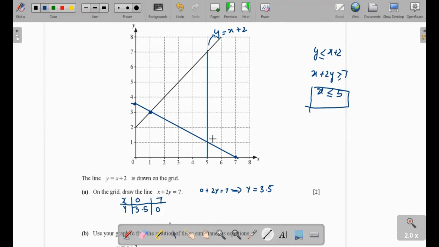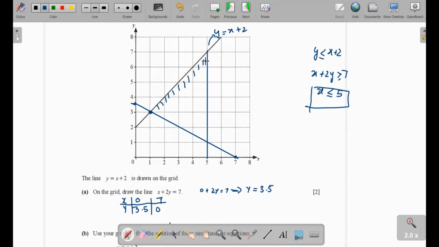Now we have to find the region. For y is less than x plus 2, there are two regions of this line, upward and downward. Less than means the region is the downward region.